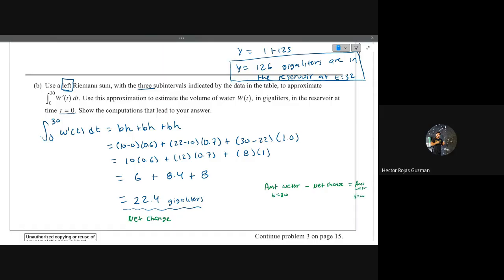At the beginning of the problem, they told us there's 125 gigaliters of water at t is equal to 30. And we just figured out that we added 22.4 gigaliters in the span of 30 days.